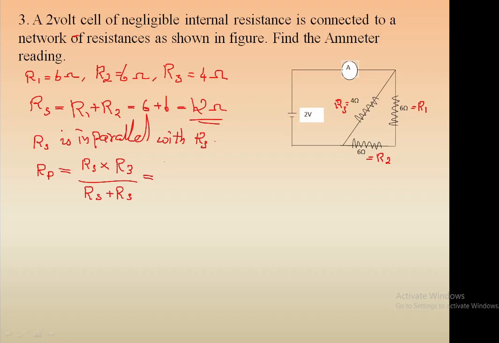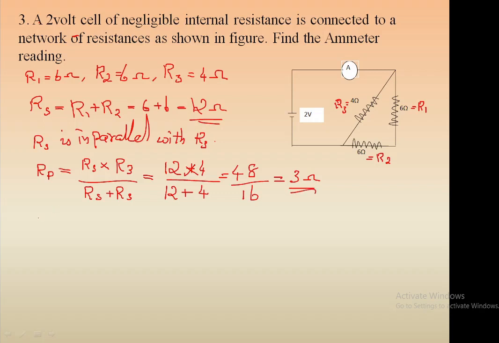So that is equal to 12 into 4 divided by 12 plus 4, that is equal to 48 divided by 16. So its value is equal to 3. So the effective resistance of the combination is equal to 3 ohm.